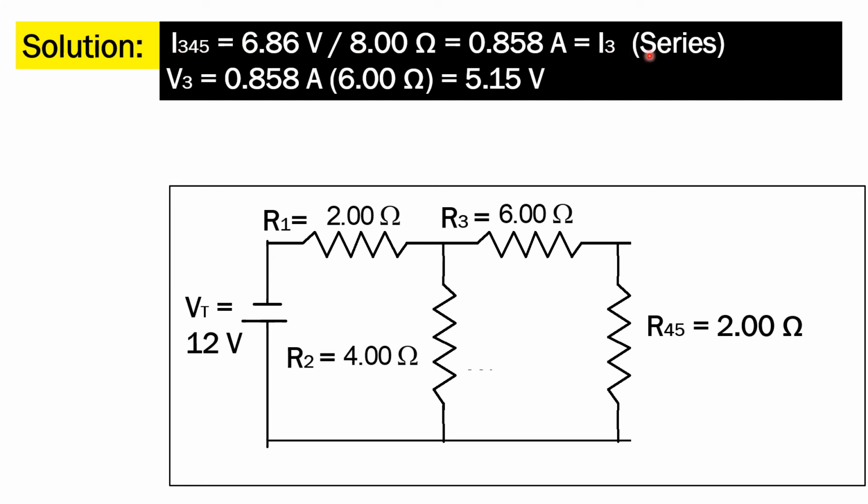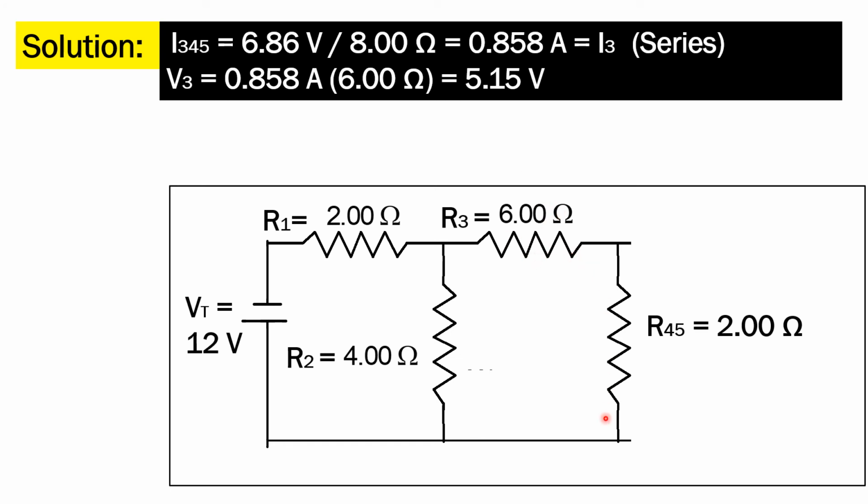Hence, the voltage across R3 can now be determined using Ohm's law. We just multiply the current of 0.858 amperes by the given resistance of 6.00 ohms. So what we get is 5.15 volts as the voltage across R3.